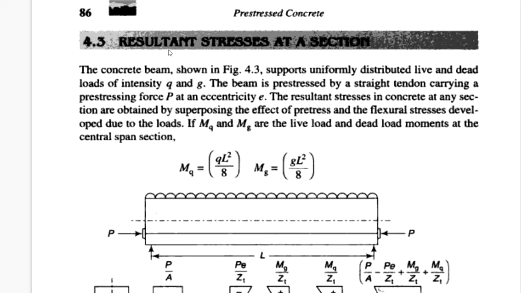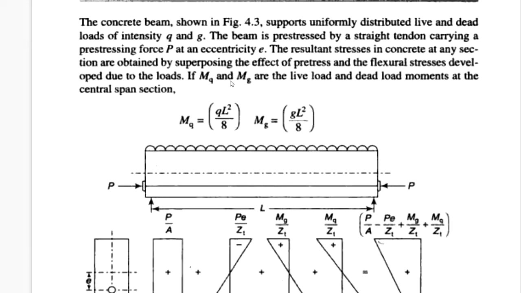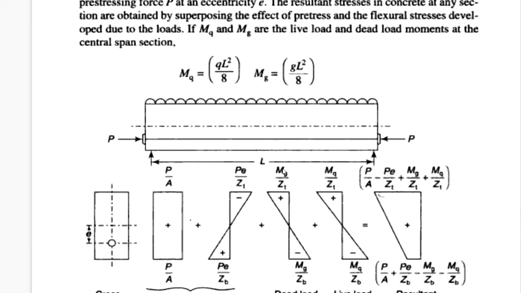So in the previous session we have seen how to analyze the pre-stressed concrete member and how to find the resultant stress at a section. I will briefly recap the previous session and then we will move to the problems on this topic. The resultant of stresses at a section is the combined effect of stresses due to load applied, stresses due to eccentricity, stresses due to dead load and stresses due to live load.